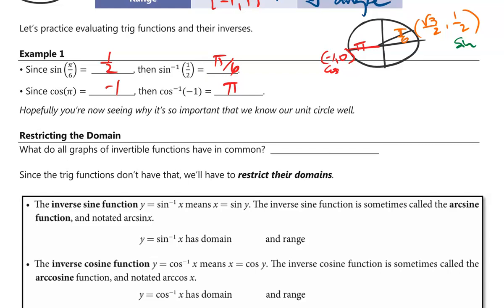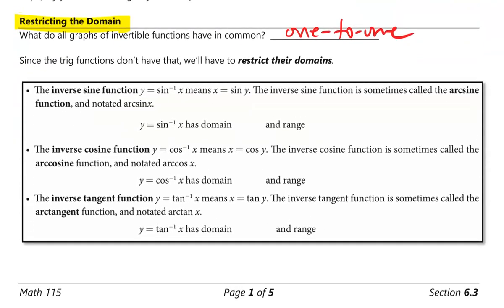So restricting the domain, what do all graphs of invertible functions have in common? Yes, it is 1-to-1. So since trig functions don't have that, we will have to restrict their domains. So the inverse function y equals inverse of sine means x is equal to sine y.